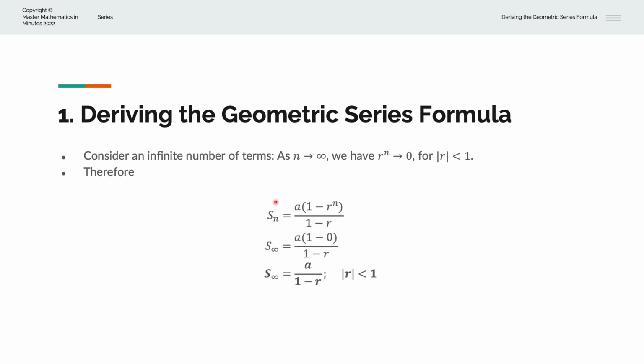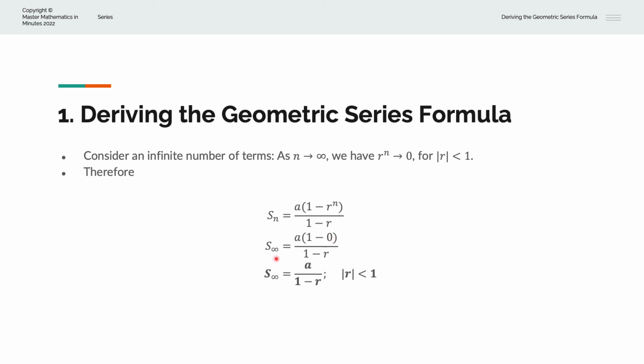So what we have here is the formula from before, with Sn equal to a times 1 minus r to the power of n, divided by 1 minus r. And that r to the power of n tends to 0 as n tends to infinity. So we could replace r to the power of n with 0.